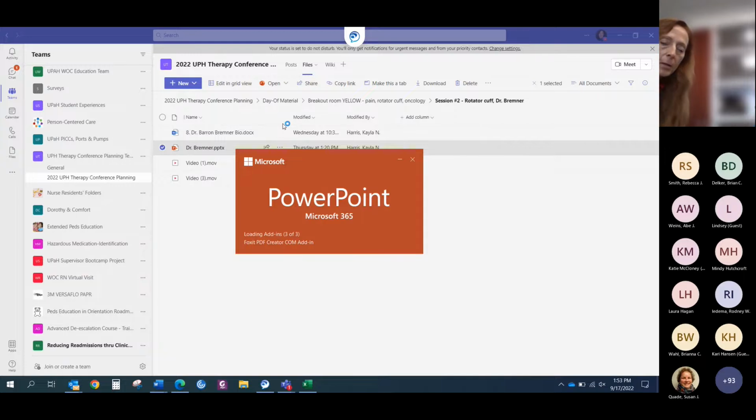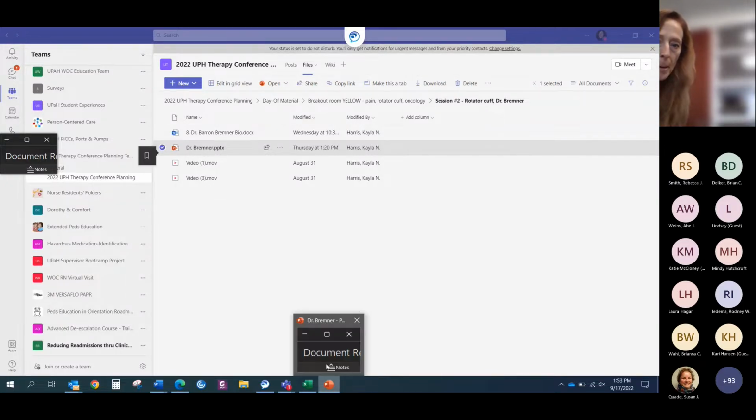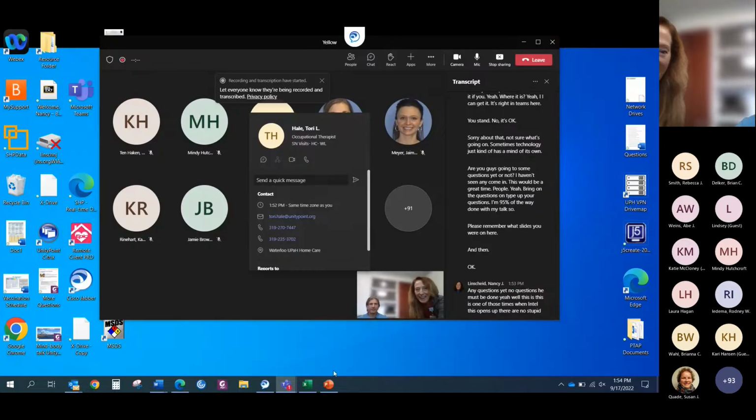Hopefully you remember what slide you were on here. Any questions yet? No questions. You must be doing a great job. Well, this is one of those times when, until this opens up, there are no stupid questions. But once it opens up, then there can be stupid questions again. So go ahead and ask a stupid question if you could.